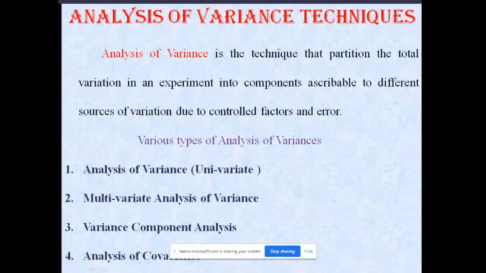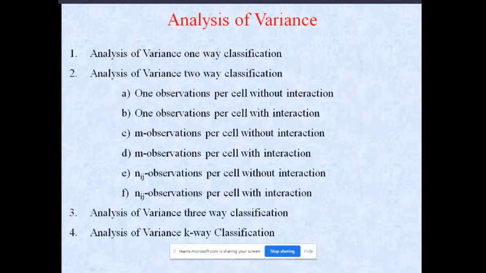Now coming to the analysis of variance of univariate only: analysis of variance one-way classification, analysis of variance two-way classification, and two-way classification with only one observation per cell, with interaction or without interactions, or m observations per cell with interaction and without interaction.